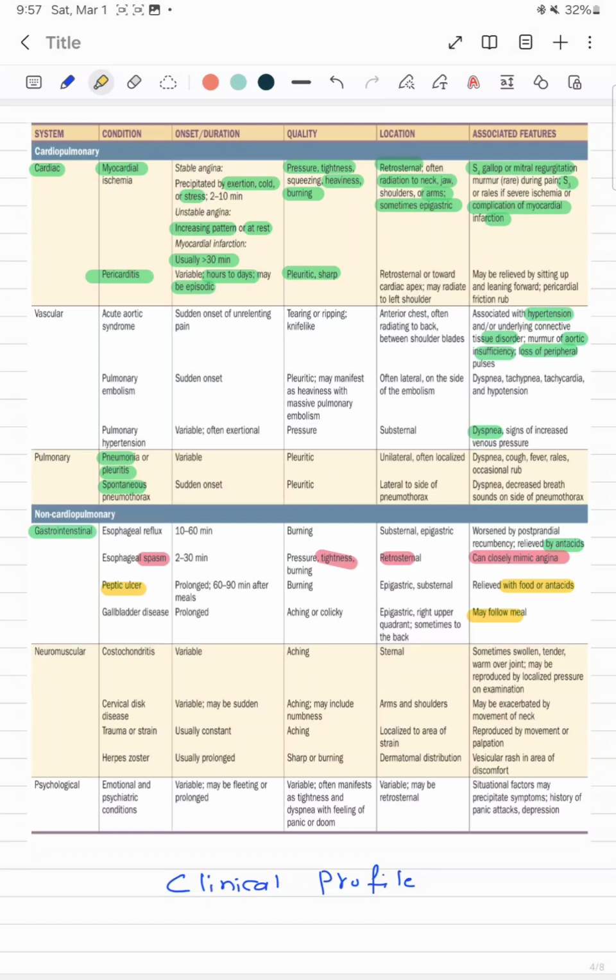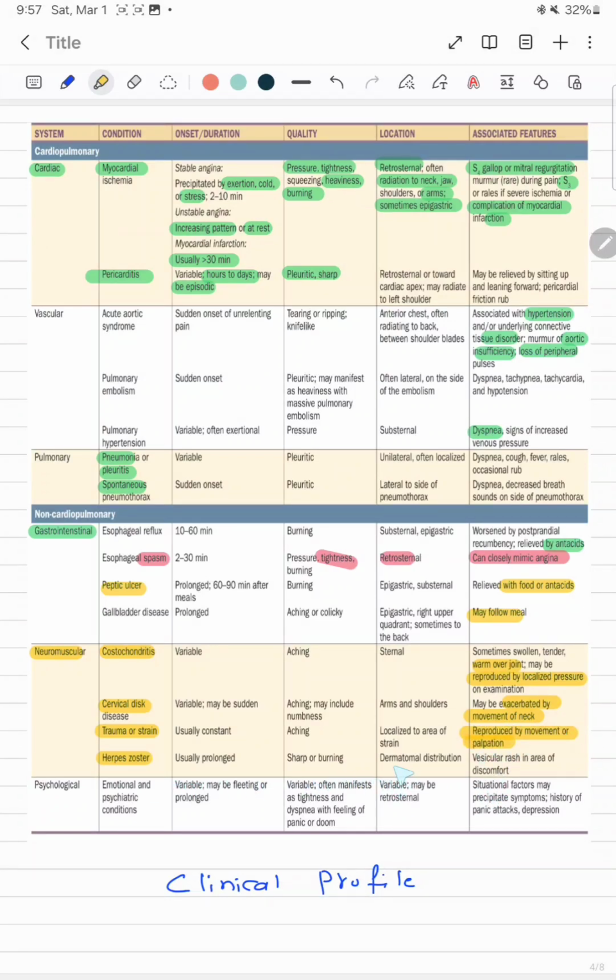Other than that are neuromuscular pains like costochondritis, cervical disc disease, trauma or strain, and arthralgia. These have variable duration and onset. Costochondritis usually has swollen, tender joints and is reduced by localized pressure, cervical disc disease is usually exacerbated by movement of the neck, and with trauma or strain there is usually a history of trauma and a localized area of strain. They are reproduced by movement or palpation.